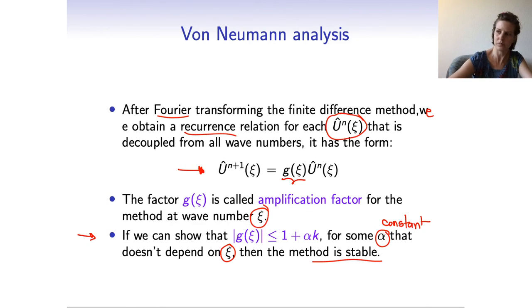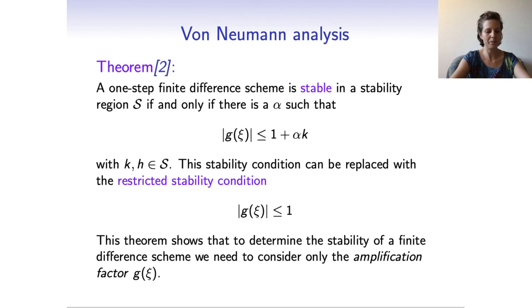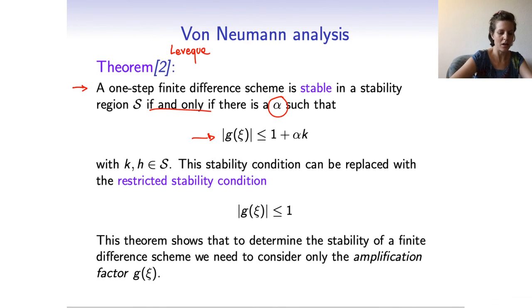So it comes from that theorem that we saw earlier, the Richtmyer stability theorem. Okay, so let's see a theorem that you can find in the LeVeque book. A one-step finite difference scheme is stable in a stability region S if and only if there is a constant alpha such that this happens, with k, h in S, the stability region.